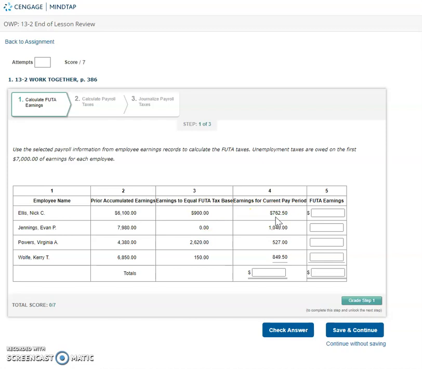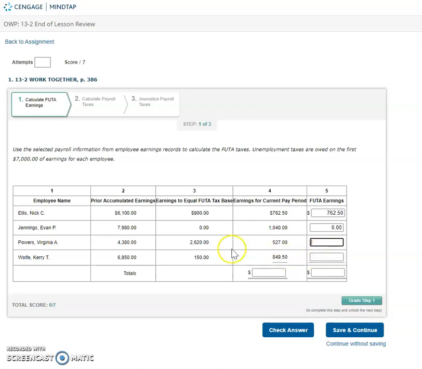This pay period, he earned $762.50. So that means that we are going to tax that full amount for FUTA. When we look at Evan, Evan has already reached his tax base, therefore it's 0. So we can't tax any more of his earnings, it's 0.